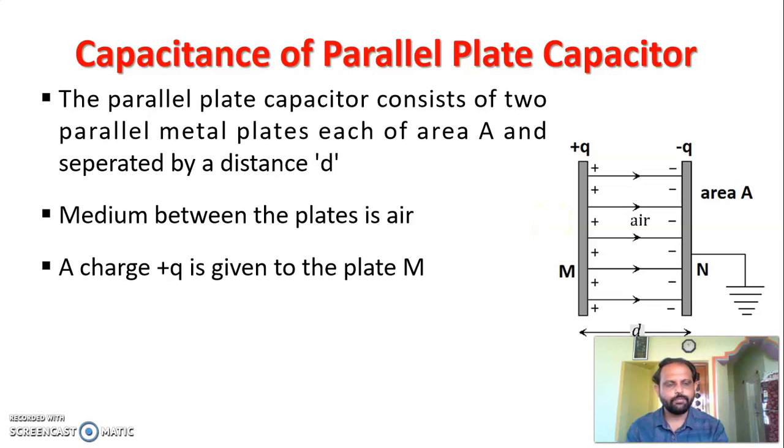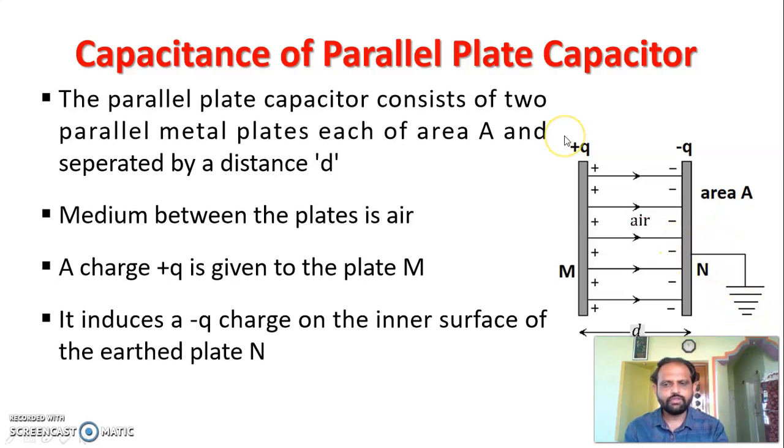The minus Q charges will be induced on the inner surface of the plate N, and the same amount of plus Q charges will be induced on the outer surface of this plate. But this outer surface is connected to earth, so all those charges will be discharged through the earth.